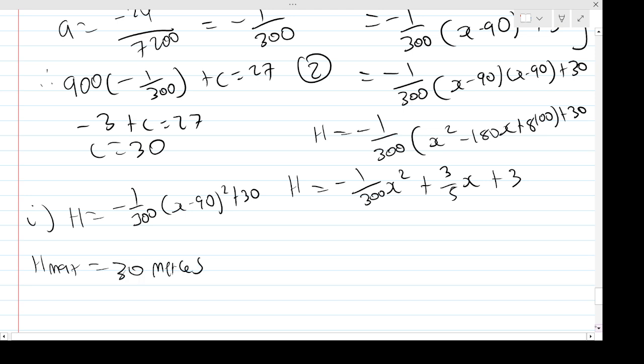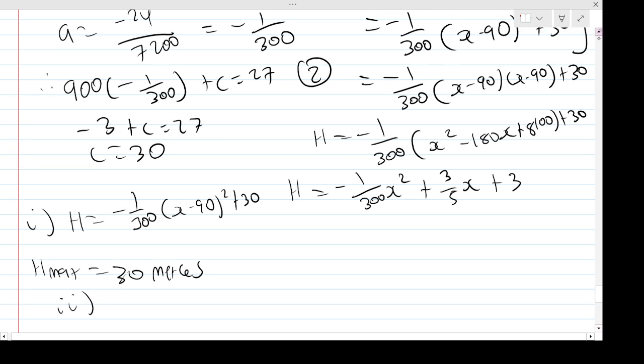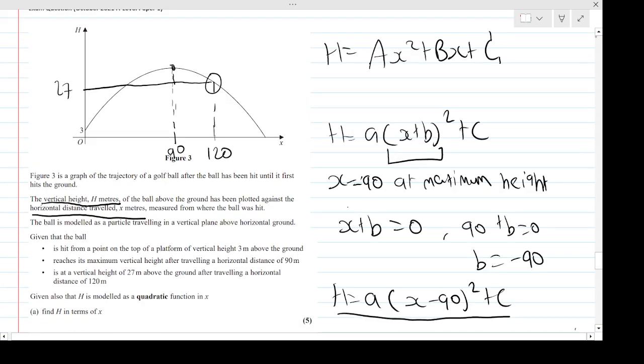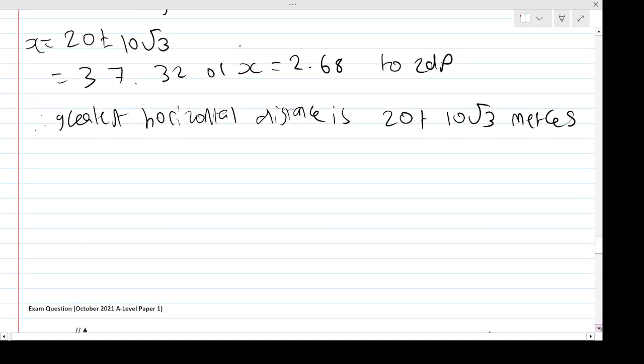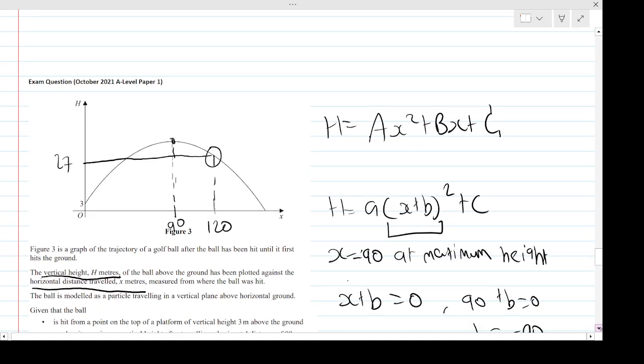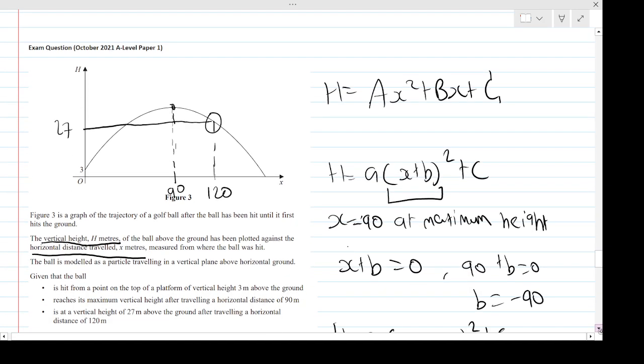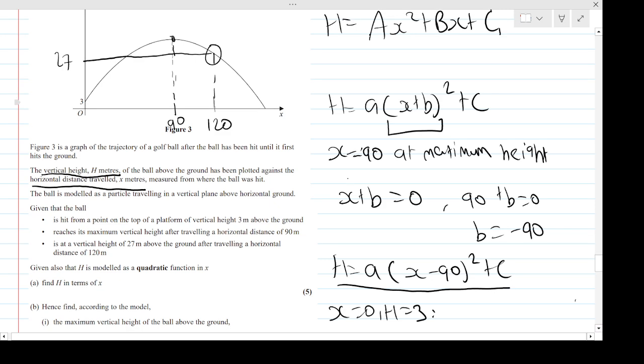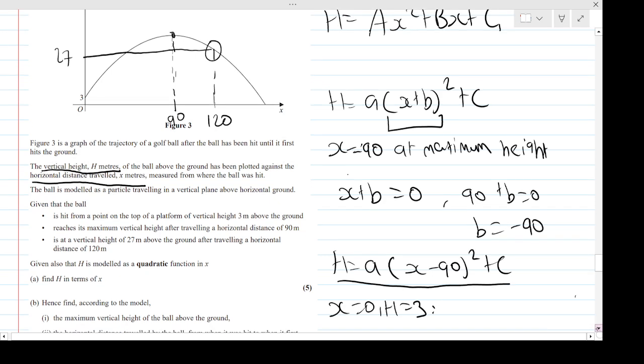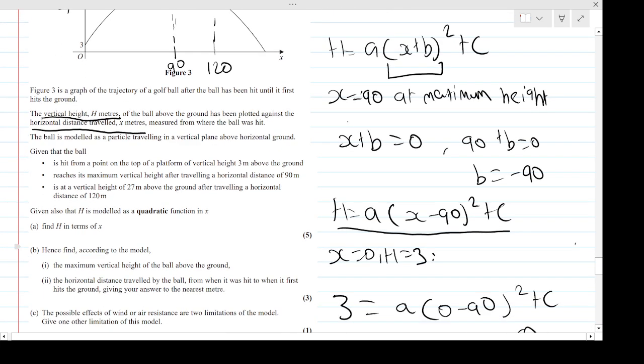And then part II, the second part of the question. It's asking for the horizontal distance travelled by the ball from when it was hit to when it first hits the ground.